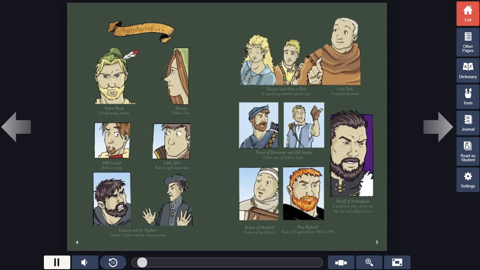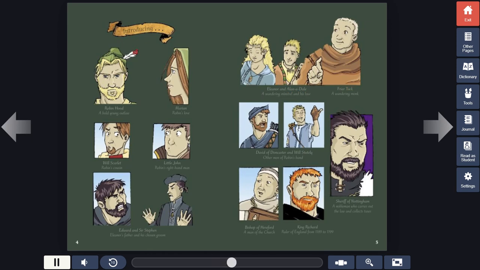Introducing Robin Hood, a bold young outlaw. Marion, Robin's love. Little John, Robin's right-hand man. Will Scarlet, Robin's cousin. Edward and Sir Stephen, Eleanor's father and his chosen groom. Eleanor. And Alan a Dale, a wandering minstrel and his love.